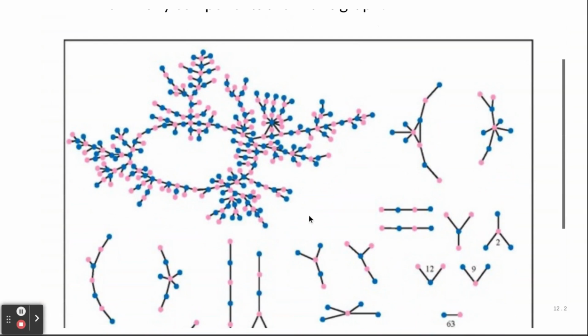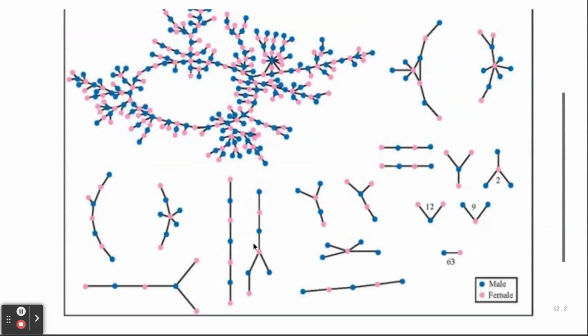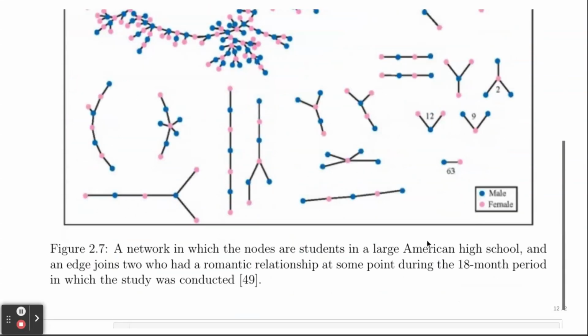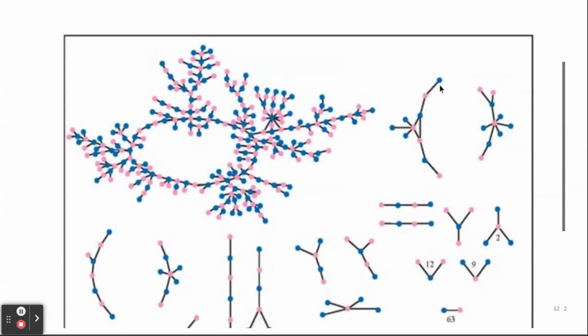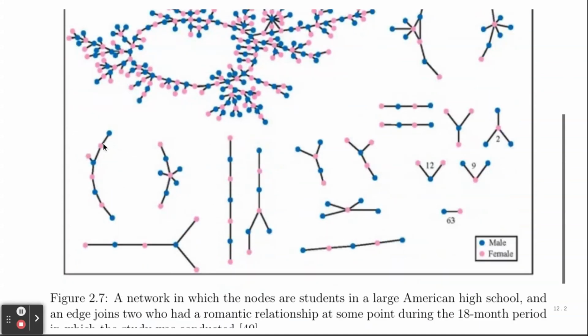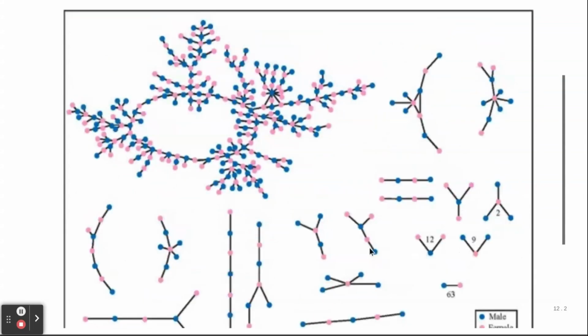So here's an example. This graph is taken from the Easley and Kleinberg book, and it's a network of high school students at some large American high school, where each node represents a student, and each line represents a romantic relationship between one person and another over some 18-month period.